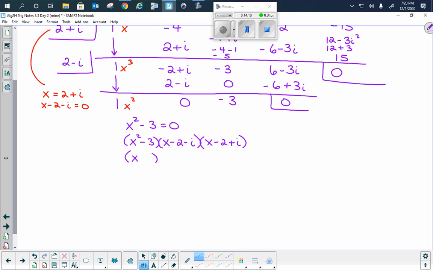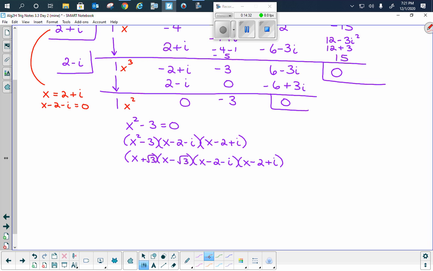Again, square root of x squared is x. Square root of 3 is root 3. One's plus, one's minus. And then I'll just recopy the other two factors. Remember, these are only for us to think about. We would never actually give that as an answer for factors.